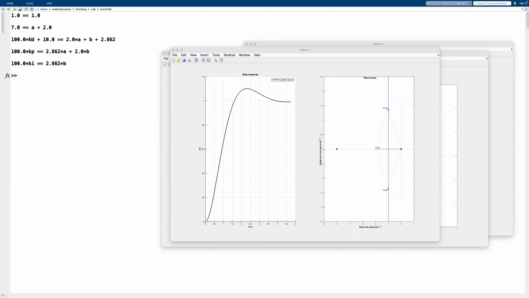You could choose KD, KP, or KI, but I wouldn't recommend choosing B and A, because they are the ones which we use for stability. So we would like to change the controller parameter. It's common to choose KI. You can choose KP or KD, it doesn't really matter. But let's assume that we are choosing KI.